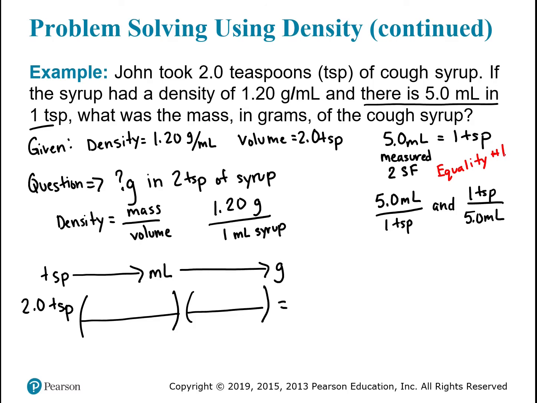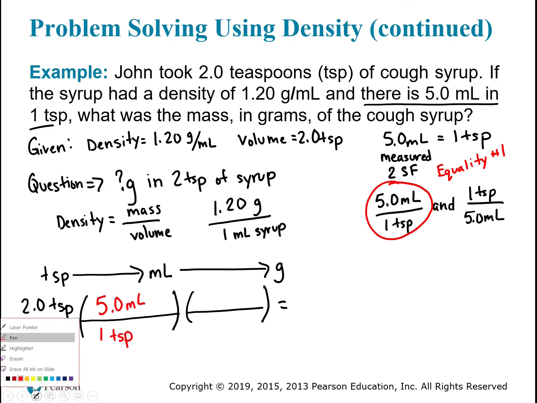We need to have teaspoons in the denominator. Therefore, we're going to use this first one. To go from milliliters to grams, we use the density as a conversion factor.